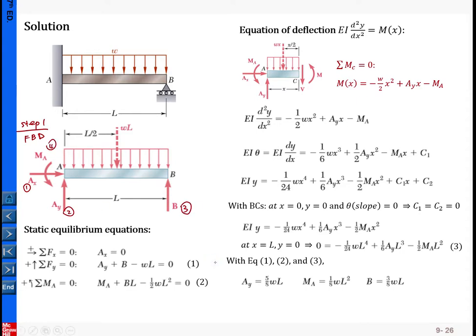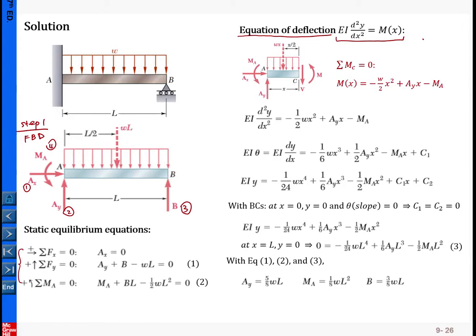So in total we have 4 unknown reactions, and we have utilized 3 static equilibrium equations. So we come up with one more equation, which is based upon the equation of the deflection. So we start from here.